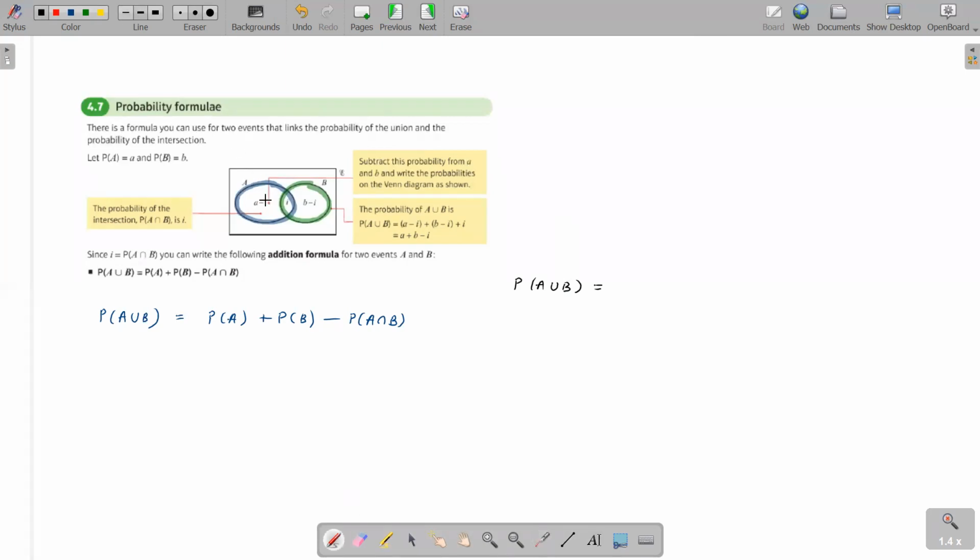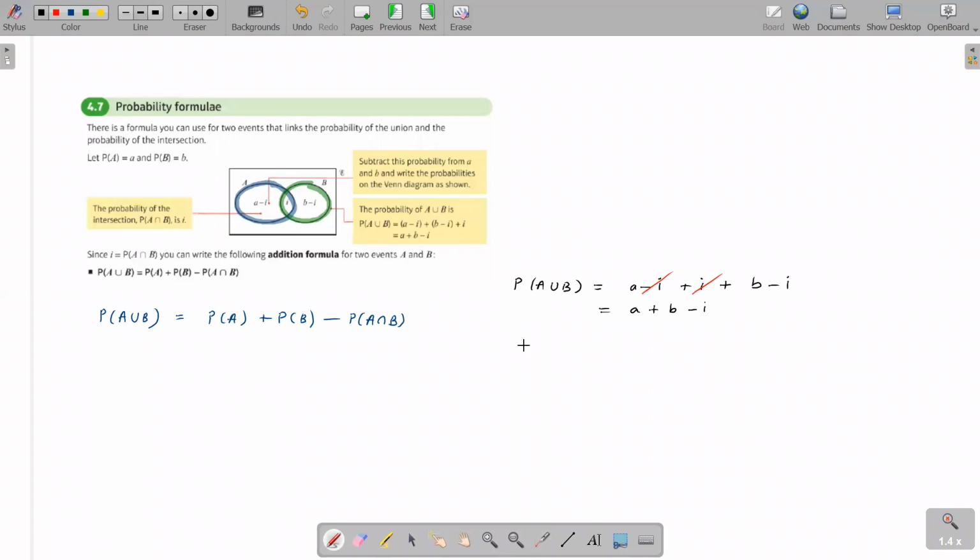So you get the region A minus I, then the region I, and then the region B minus I. You get everyone, right? That's what you mean by union. When you add everything, minus I plus I cancels, and you get A plus B minus I. Do you agree?